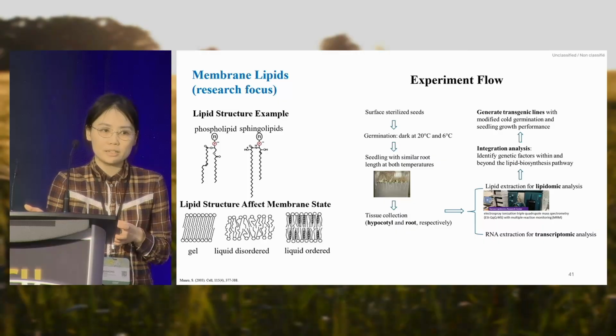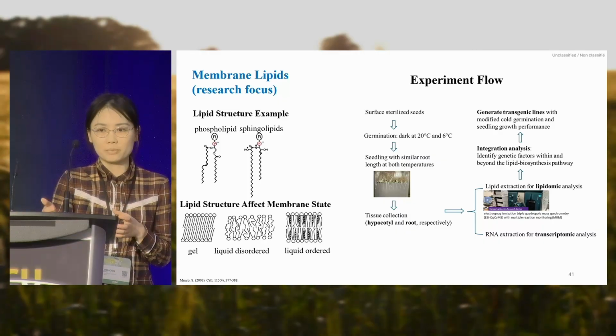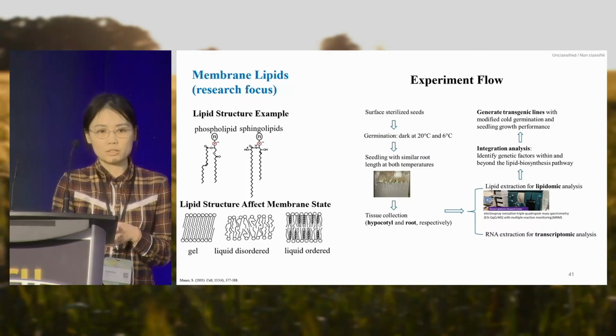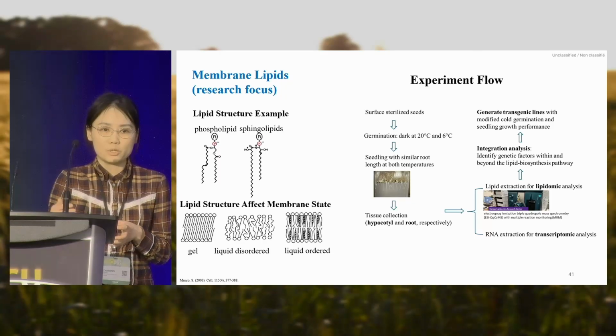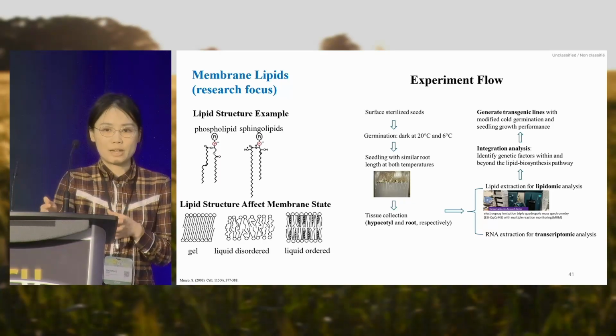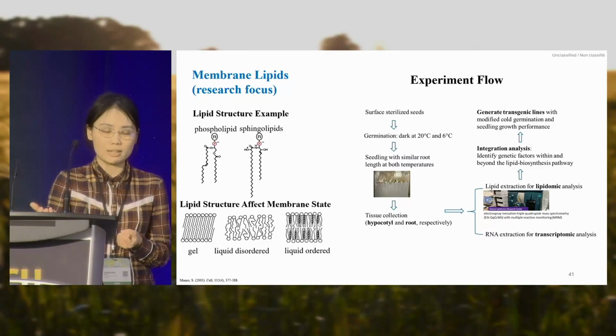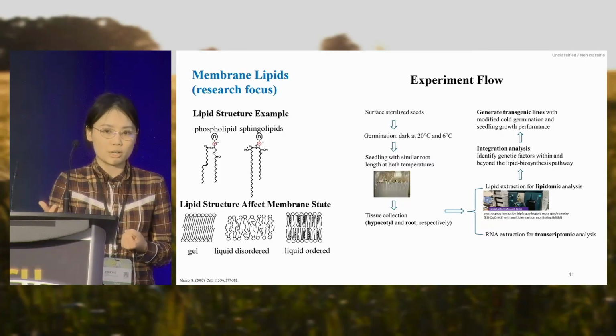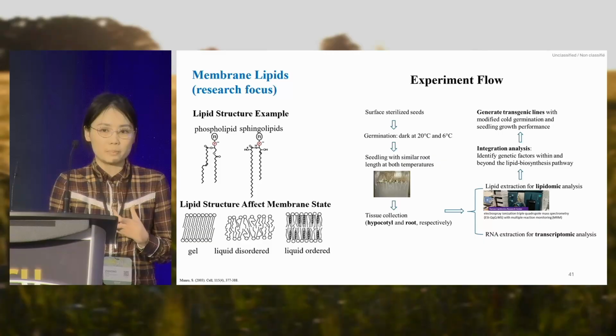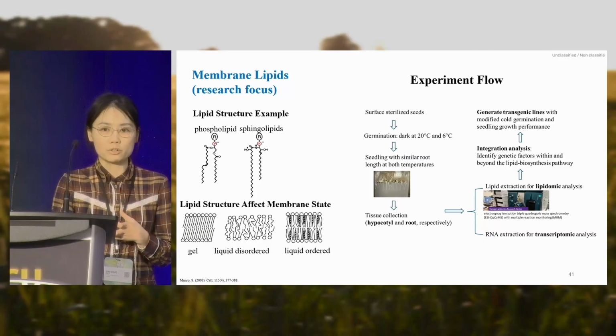Specifically, plants modulate their lipid composition to help themselves adapt to temperature fluctuations. So in our project, membrane lipids could be a good research focus.